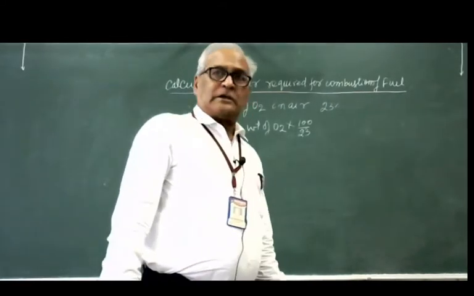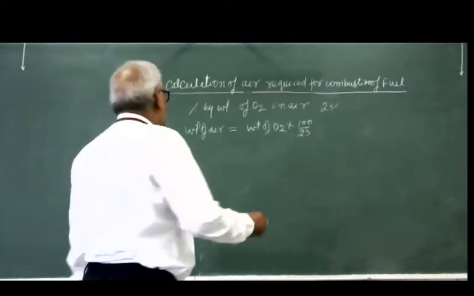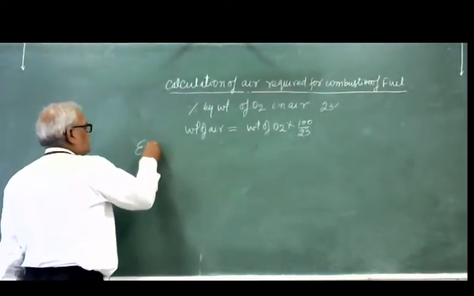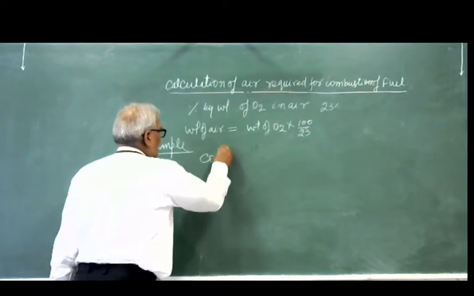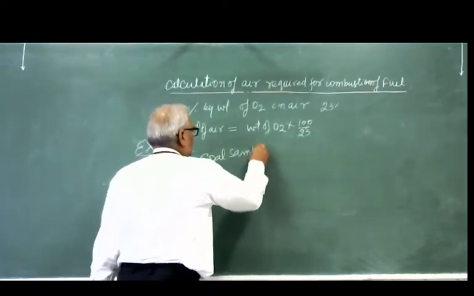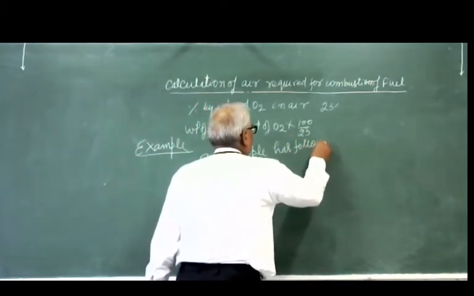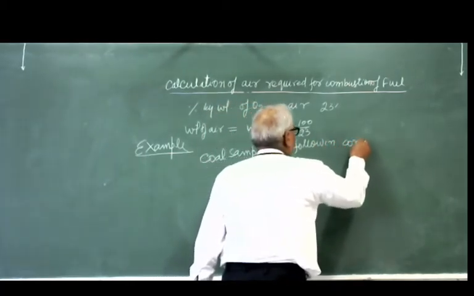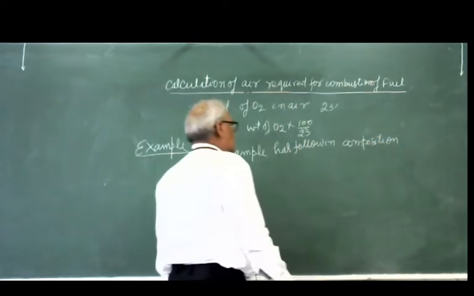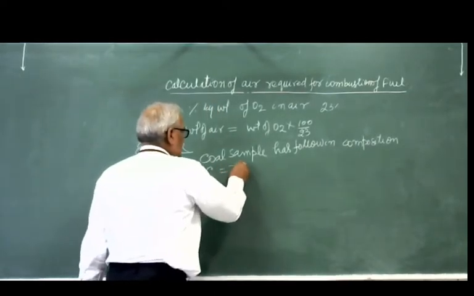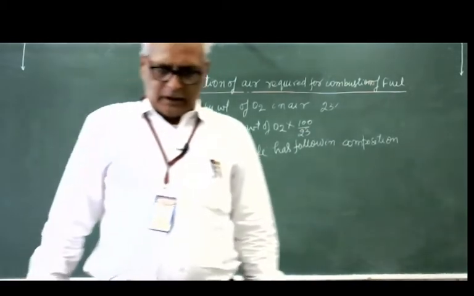Let us consider one example. A coal sample has following composition. Carbon equal to 75%.